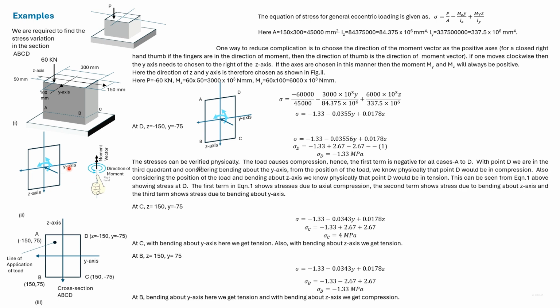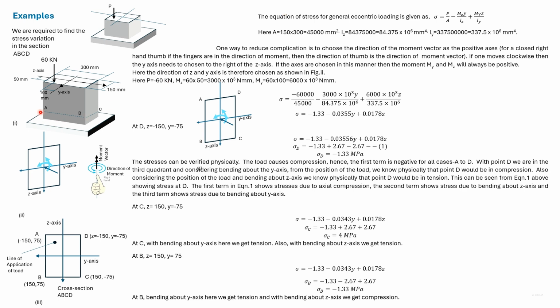We now have the positive directions of the axes, and as earlier mentioned, we choose the z-axis to be 90 degrees counterclockwise to the y-axis. Aligning the direction of the moment vector with the axis will mean that when we substitute Mz and My in this equation, they will always be positive.